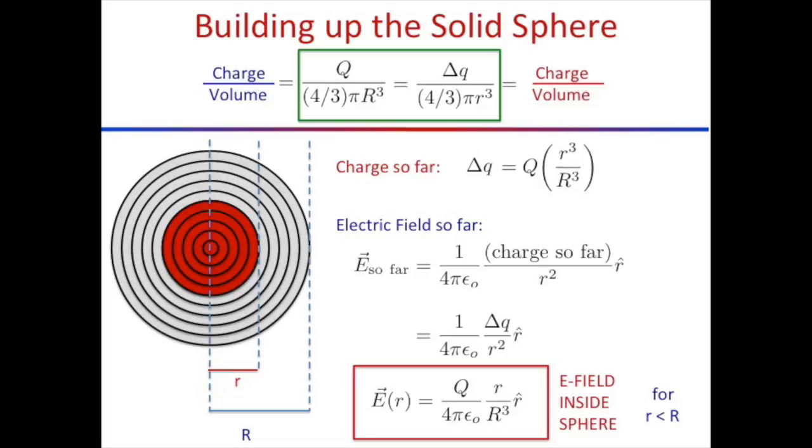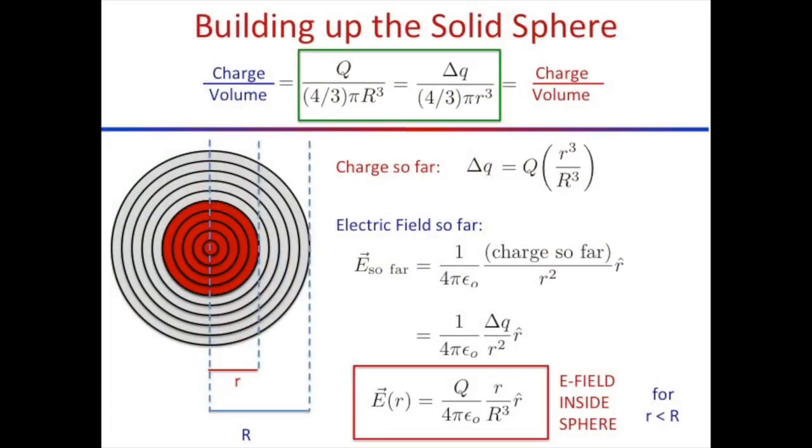And the charge so far was that delta Q. Okay? And delta Q, we said, is big Q times little r cubed divided by big R cubed. And little r cubed divided by r squared gives me a net little r. The 1 over big R cubed stays put. And so this is the solution for inside of a solid sphere.